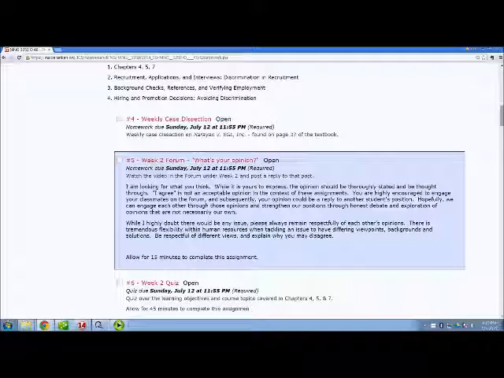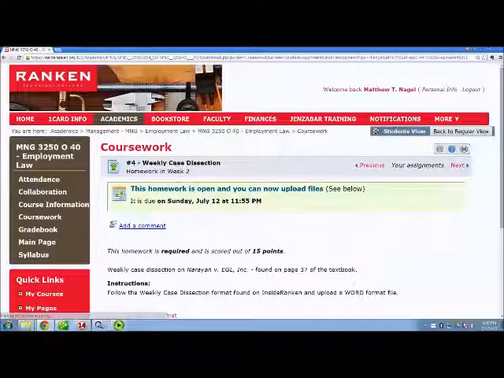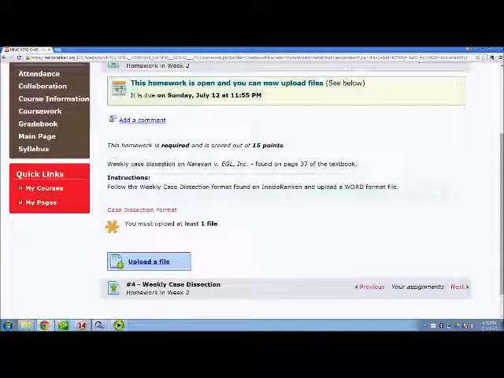I am going to email around a sample case dissection of Turner versus Memorial Medical Center. But this assignment in week 1, we are dissecting Narian versus EGL Incorporated. Now we know this is on page 37 of the textbook. So what I'm going to do is I'm going to complete the dissection.